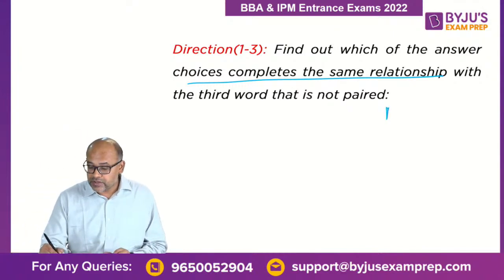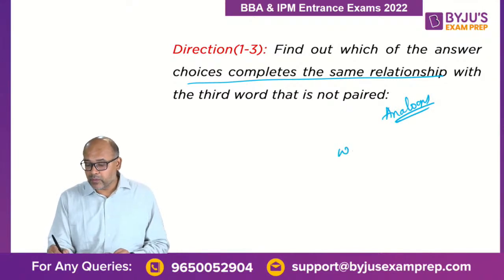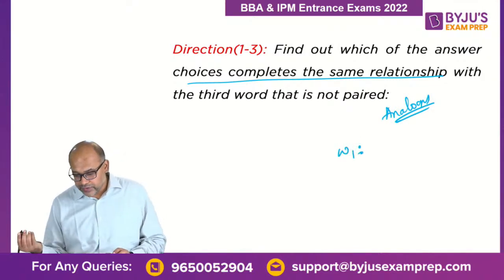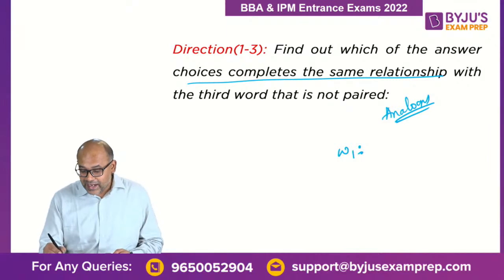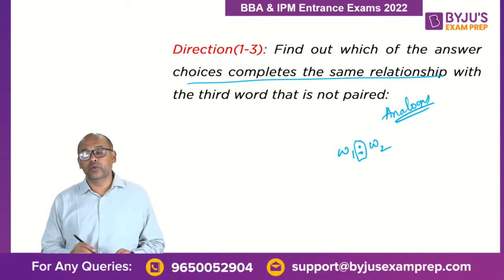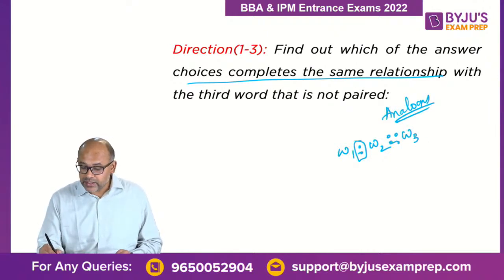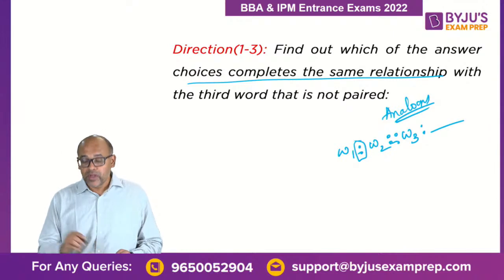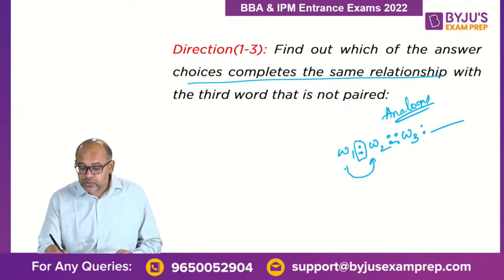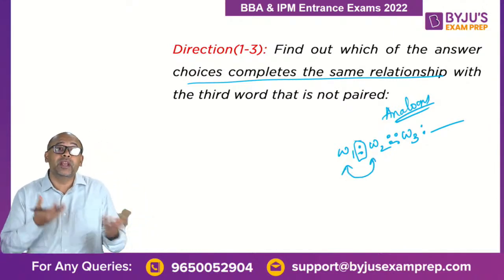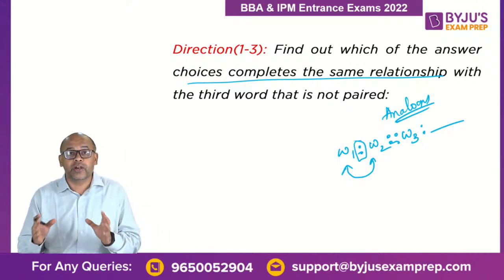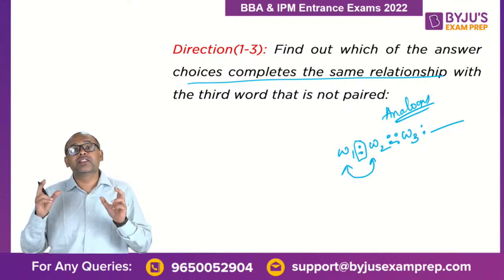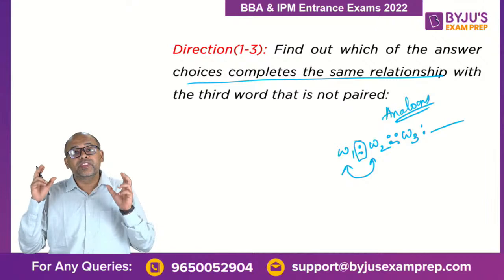Okay, analogy. What does analogy mean? They'll give you word number 1 and they'll put a colon, or a semicolon, whatever. Let's call this a colon, and you'll have a word 2. Then they'll give you a double colon like this, and they'll give you a word number 3, and this is blank. So you have to understand how these two are related. It could be a word, it could be a number also. At the end of the day, I told you, what are they checking? They are checking your ability to think.